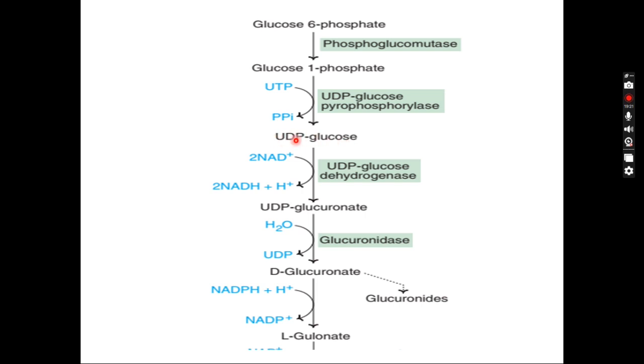This is now where the enzyme UDP glucose dehydrogenase comes in, in this oxidation reaction, which takes place in the presence of NAD.